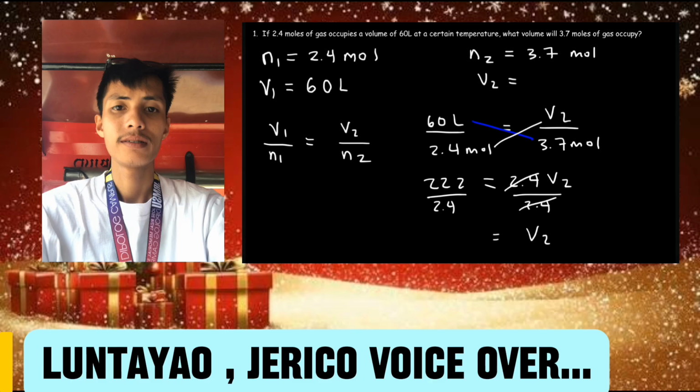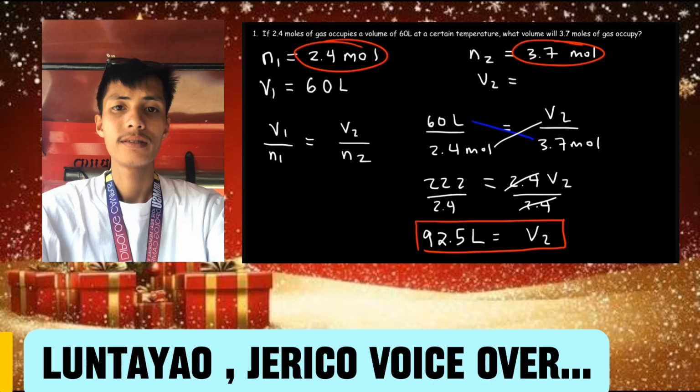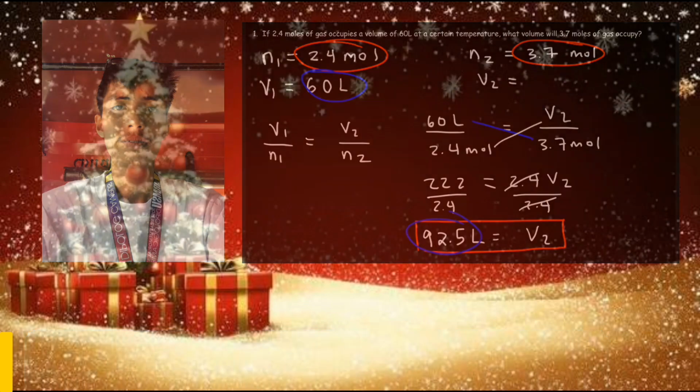So V2 is 222 divided by 2.4, and that's going to be 92.5 liters. And so that's the answer. Notice that we increased the moles from 2.4 to 3.7, and the volume increases from 60 to 92.5.